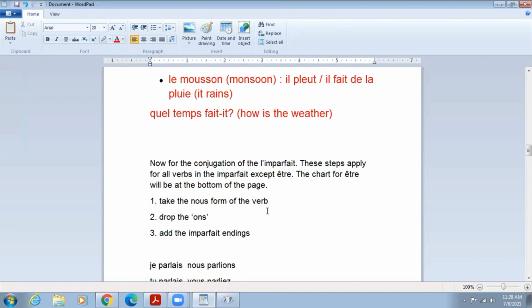Take the nous form of the verb, drop the -ons and add the imparfait ending. The imparfait endings are -ais, -ais, -ait, -ions, -iez, -aient. These are the imperfect endings.